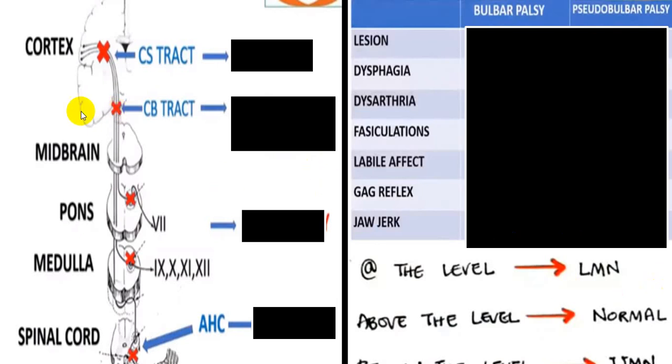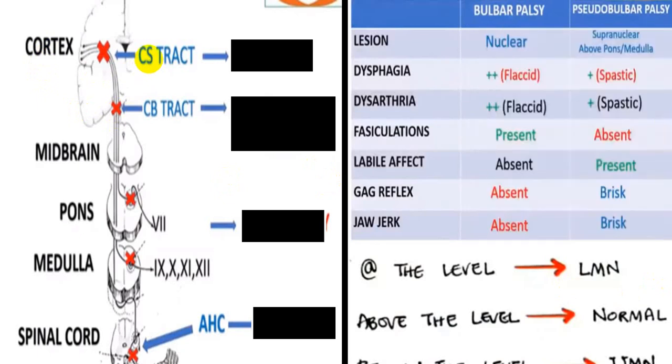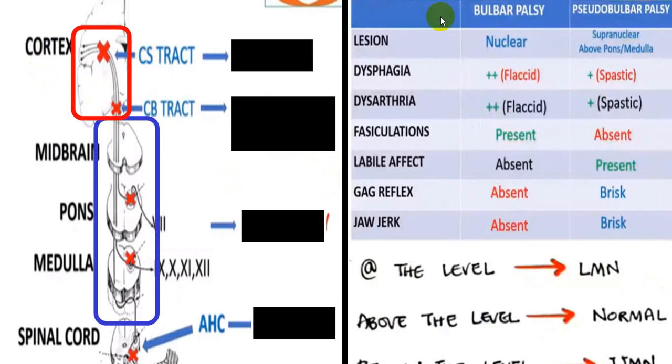Now if you get the cortex involved and there is an involvement of the corticospinal tract, this is the difference between bulbar palsy and pseudobulbar palsy. In a bulbar palsy, we know very well, this is progressive bulbar palsy, so it is a lower motor neuron damage, while pseudobulbar palsy is an upper motor neuron damage.